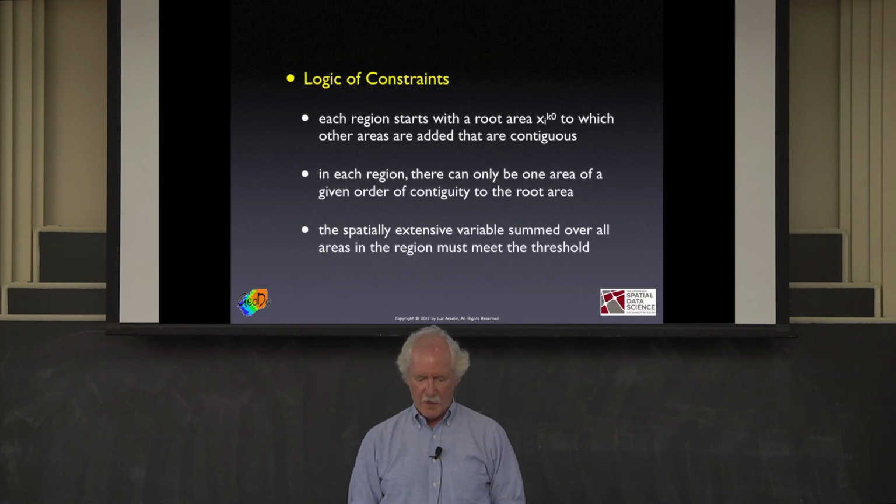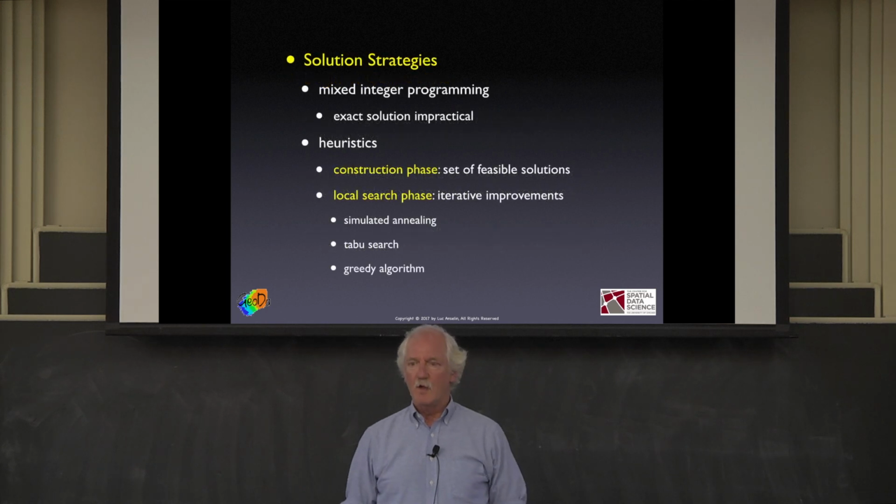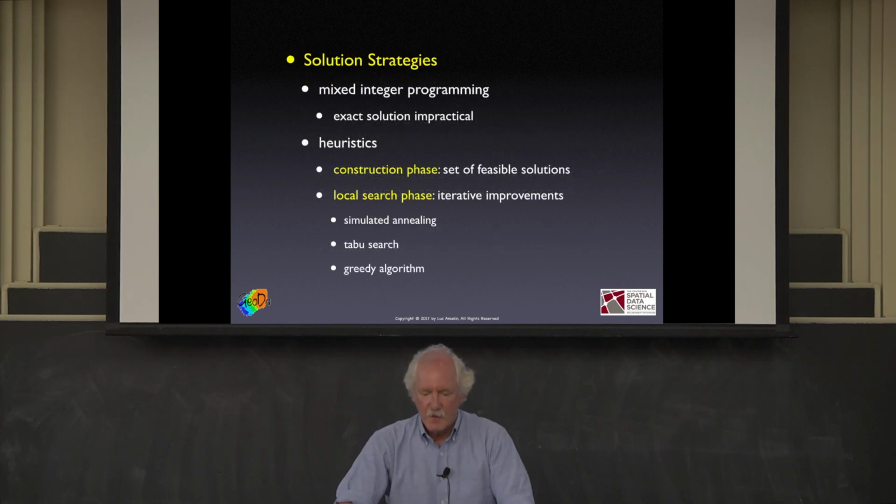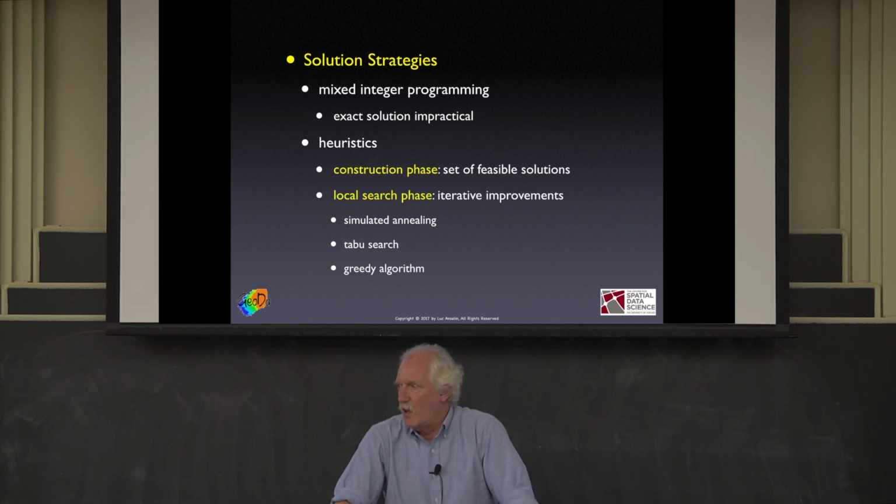So then, how do we solve this? It's technically mixed integer programming because there are some continuous variables in there as well. But all the heuristics work in basically the same way. All these problems are search problems, right?